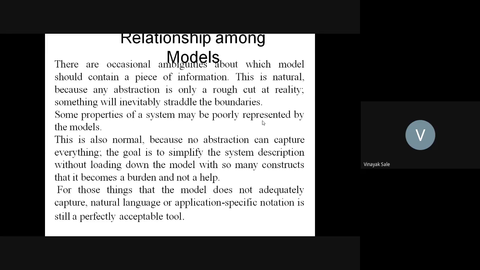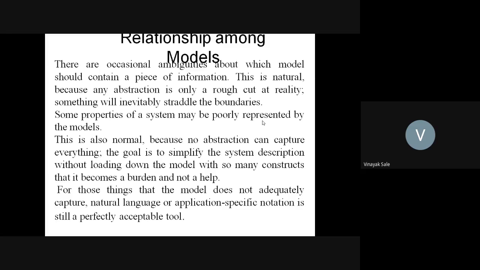There are occasional ambiguities about which model should contain a piece of information. This is normal because any abstraction is only a rough cut of reality. Something will inevitably straddle the boundaries. Some properties of a system may be poorly represented by the models.